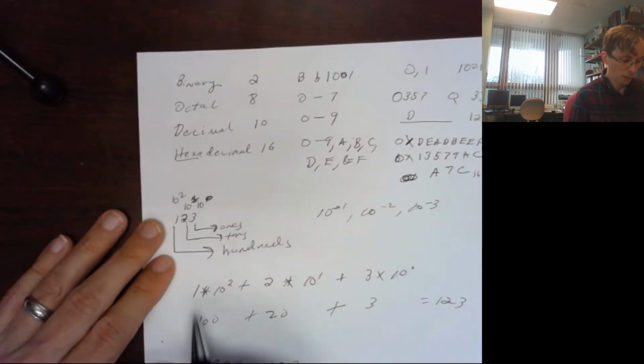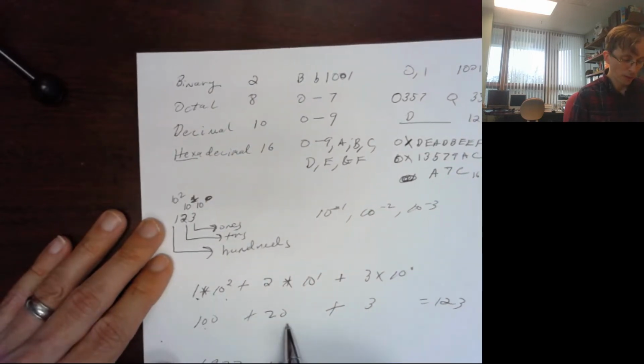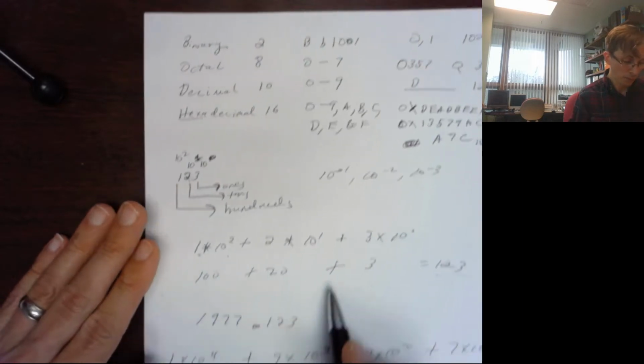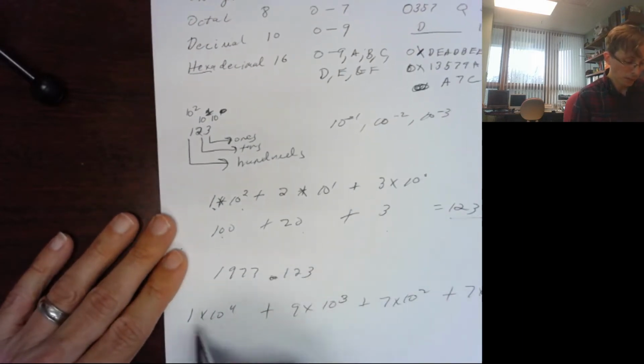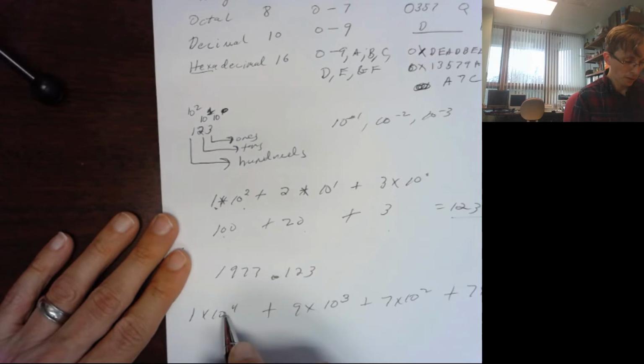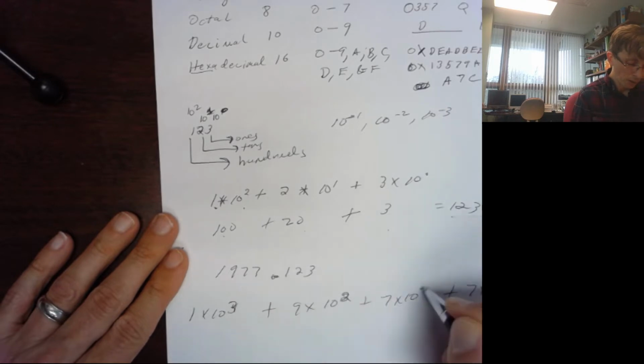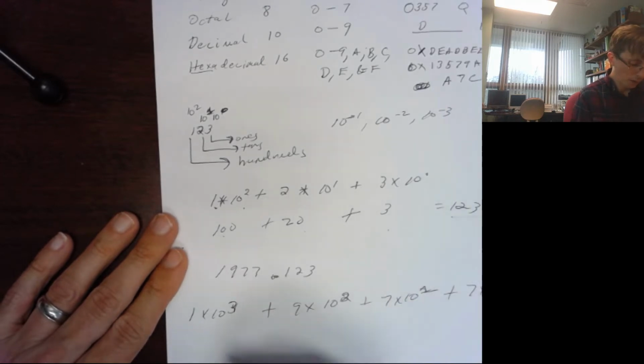And just to make sure from earlier, we see how we got the hundreds, the tens, and the ones from up here for each of these spots to get our 123. Down here, it takes us thousands, 10 to the 3rd, 10 to the 2nd, 10 to the 1st, 10 to the 0.